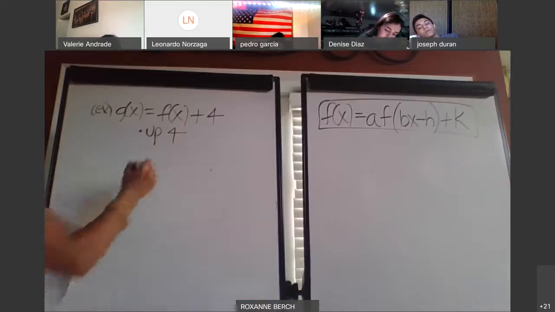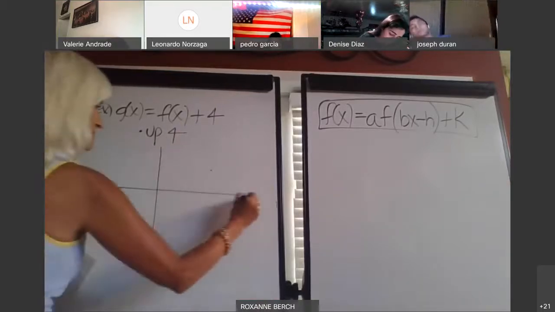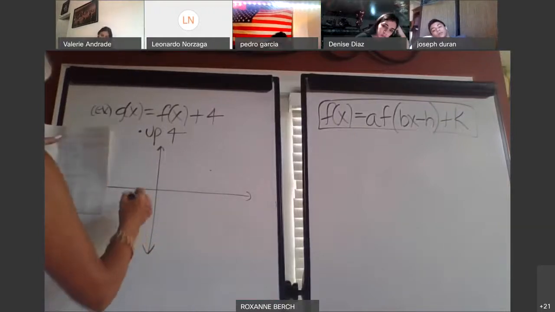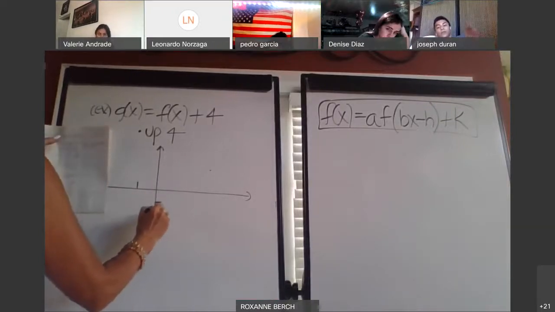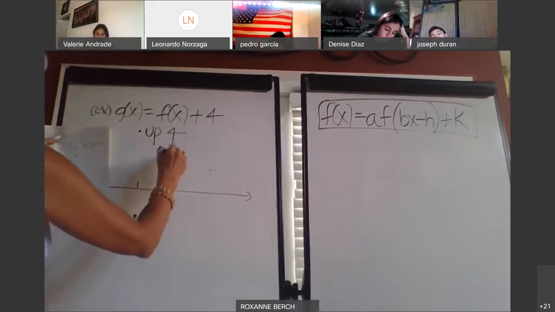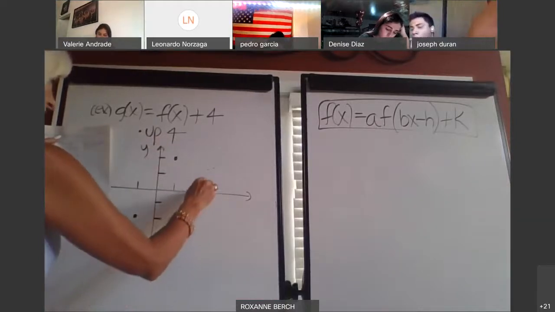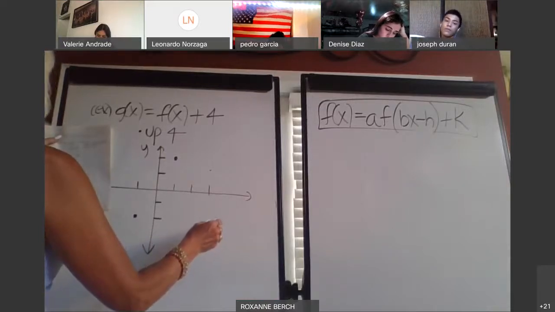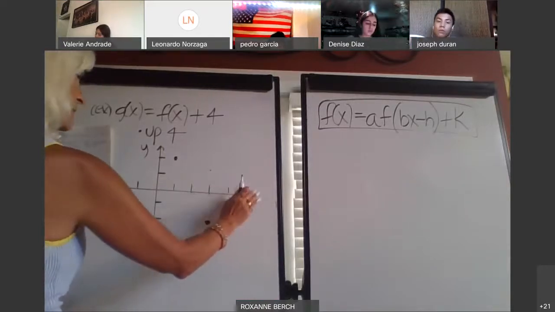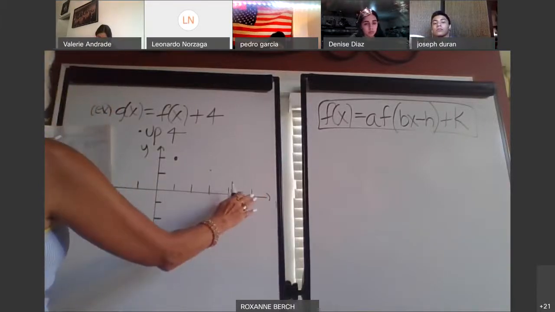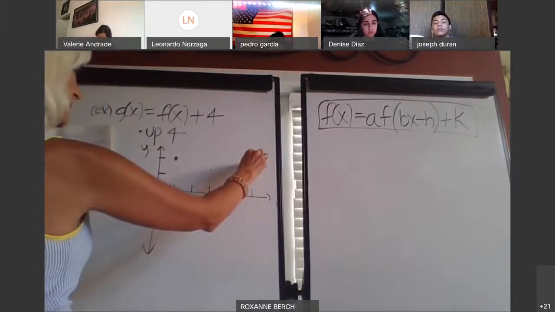And so let me show you this function. It looks like this. Left 1 down 2, right 1 up 2, left 3 down 2, and 5, right 5 up 2.